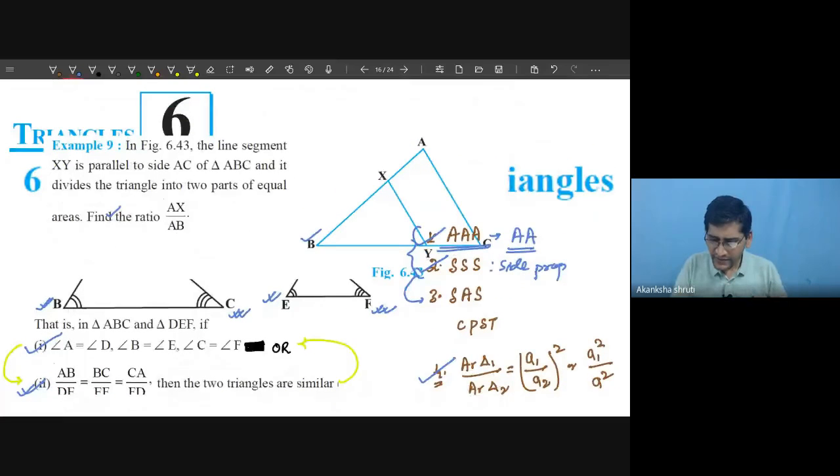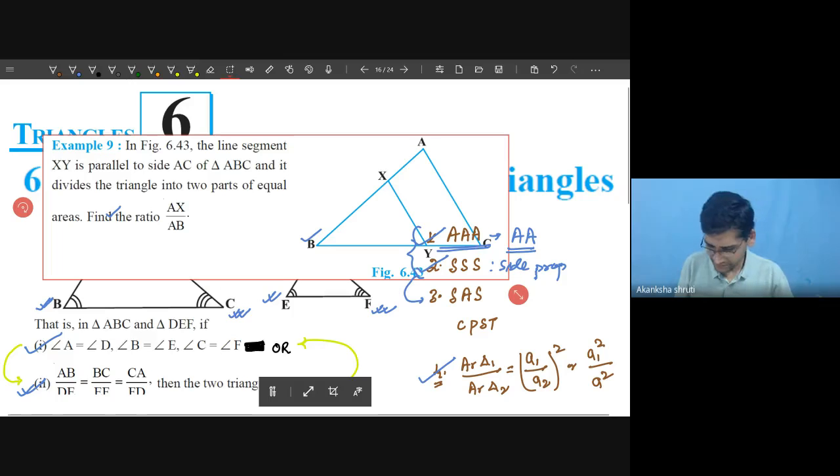The third, SAS, is nothing but the combination of the two. How is it the combination of these two? Let us understand those things.